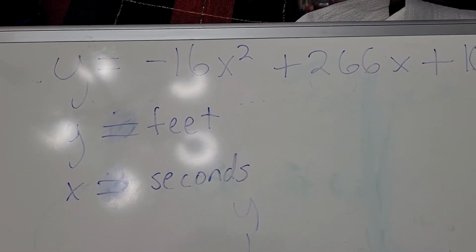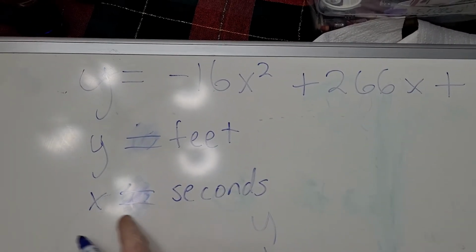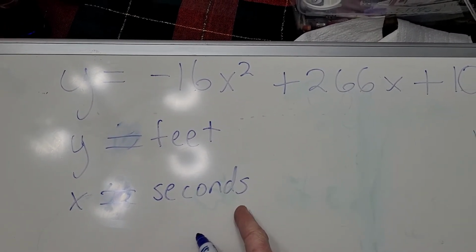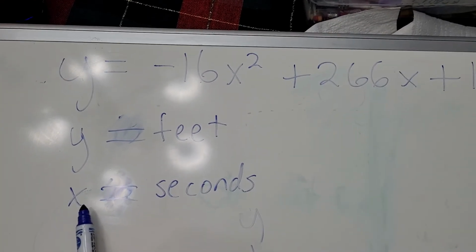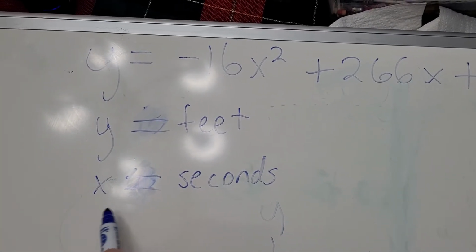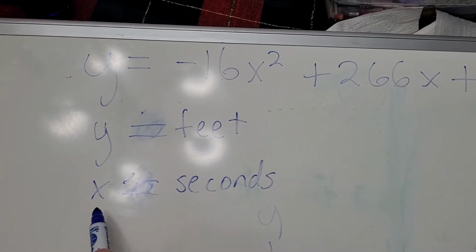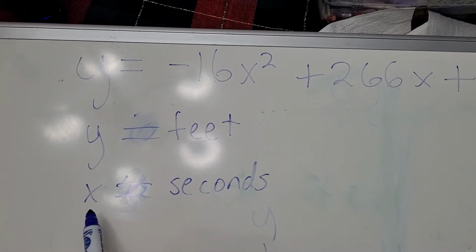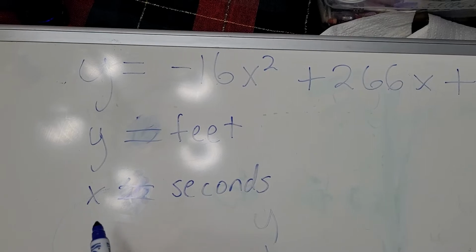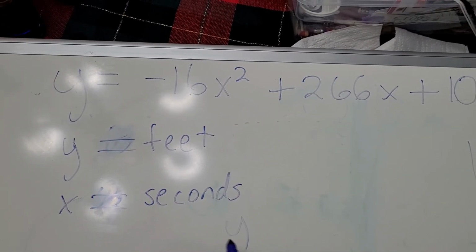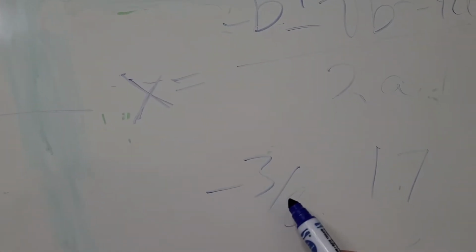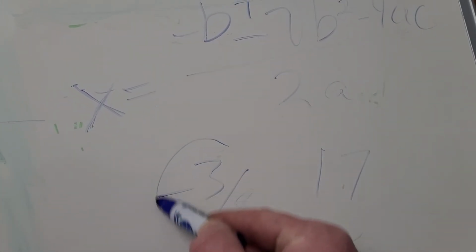We're looking for the time in seconds after the launch when it hits the ground. Since they say after the launch, this x value has to be greater than 0. So 1 second, 2 seconds, 3 seconds is after the launch. If we're at minus 3/8, that's before the launch.